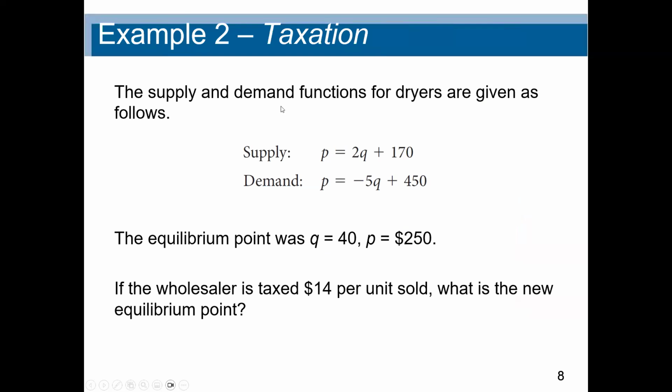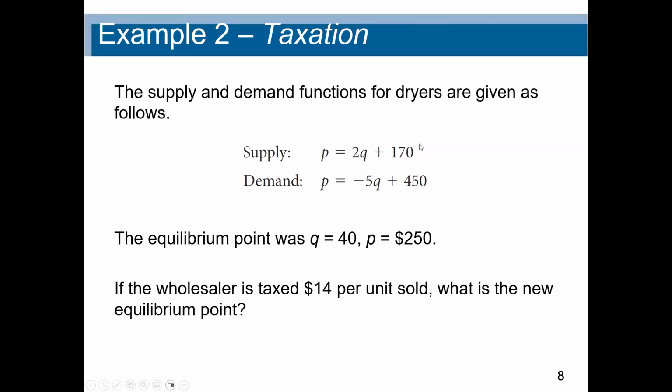The supply and demand functions for dryers are given as follows. We have the supply equation and also the demand equation. Now we follow the same two steps. This is the equilibrium. So if we equate 2Q plus 170 equals minus 5Q plus 450, Q gives us 40 and P gives us 250.